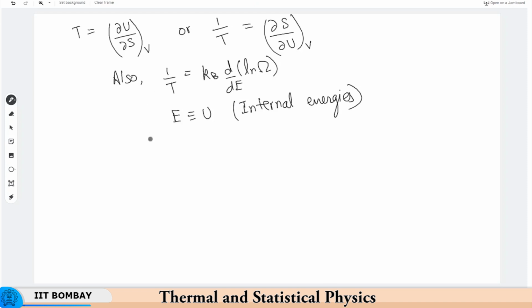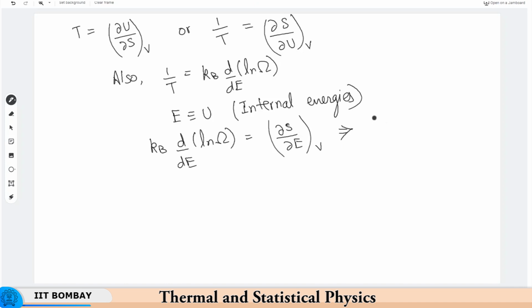So Kb times d by dE of log omega equals del S by del E. I am just replacing U with E here at constant volume. You can see that these differentials cancel out, and we can express our entropy.